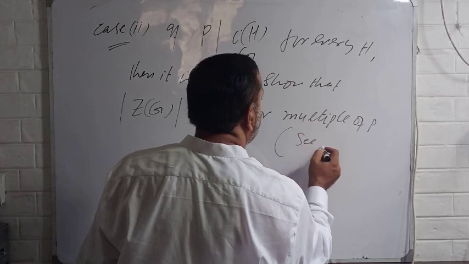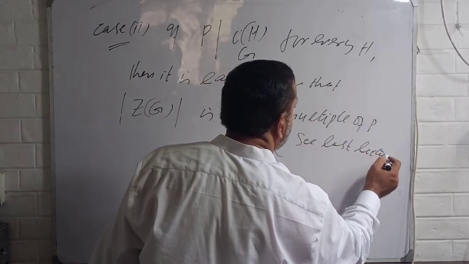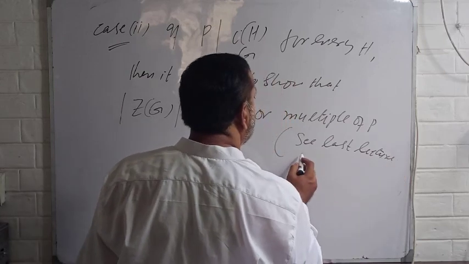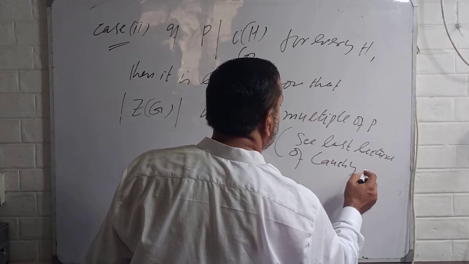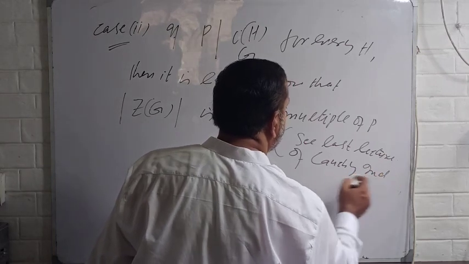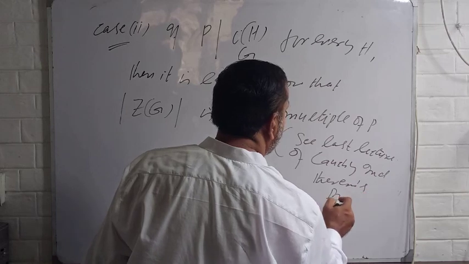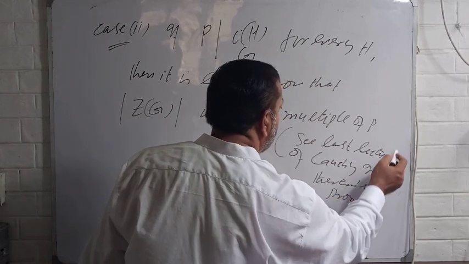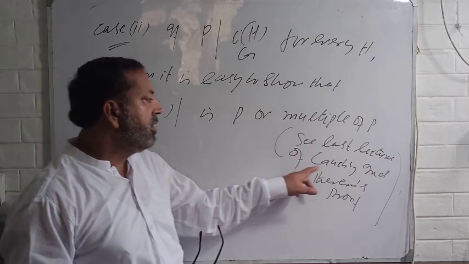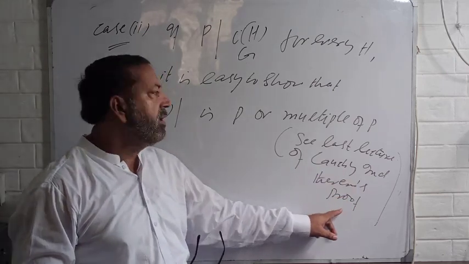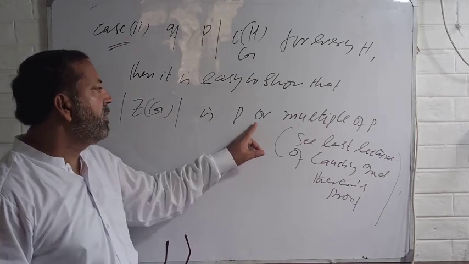See the last lecture, Cauchy's second theorem proof. I already have proved in Cauchy's second theorem's proof that the order of the center of G is p or a multiple of p.